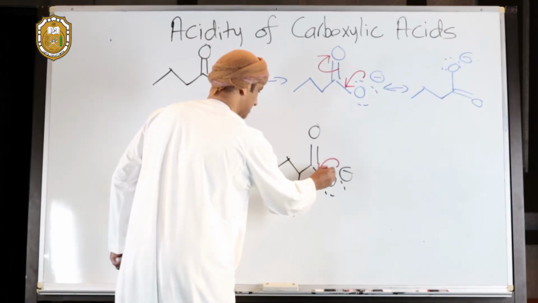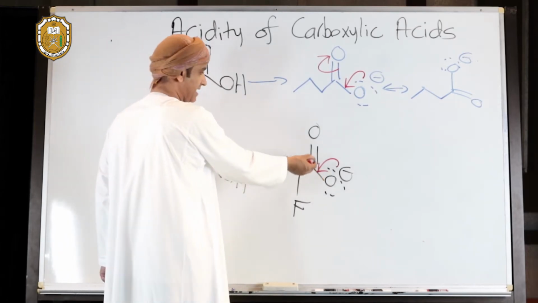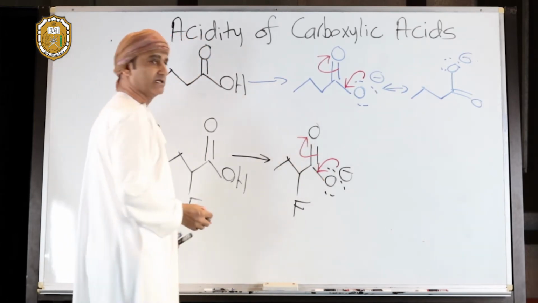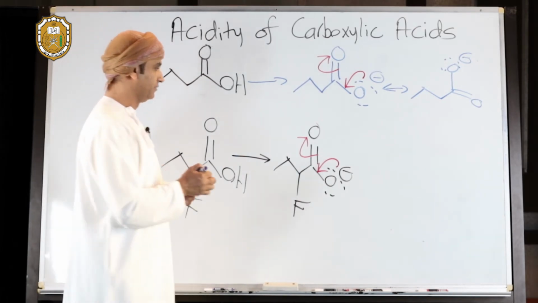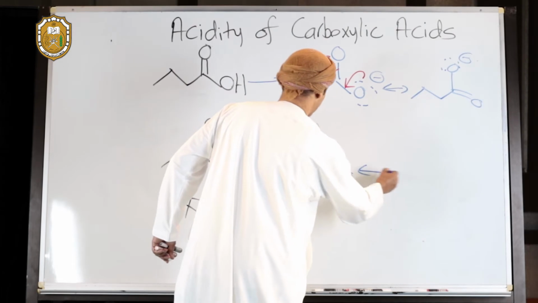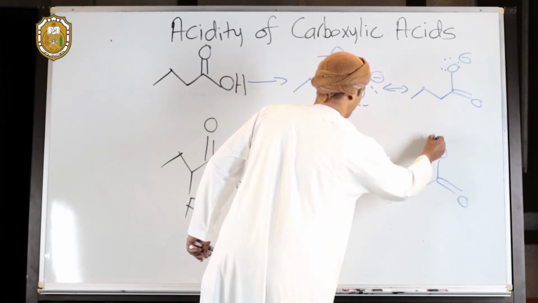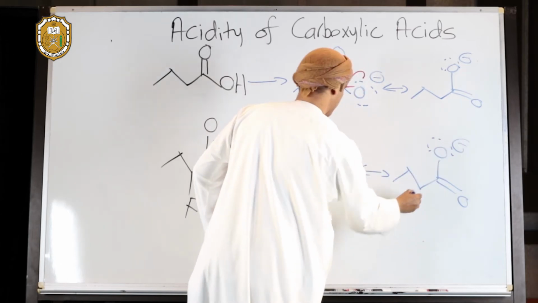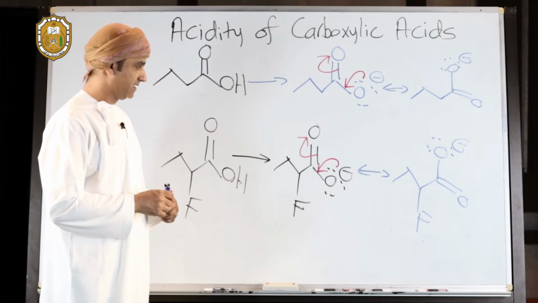So by taking one of the lone pairs on oxygen, making a double bond between oxygen and carbon again, and breaking the carbon-oxygen double bond. If we do that, we get another resonance form, which is this one, the usual resonance stabilization of carboxylate ions.